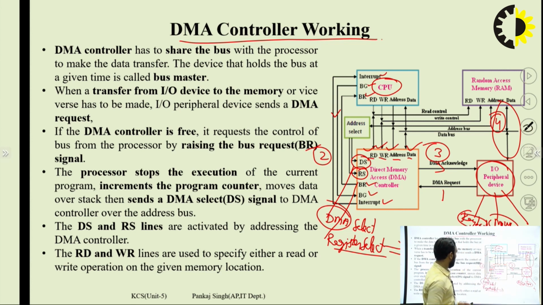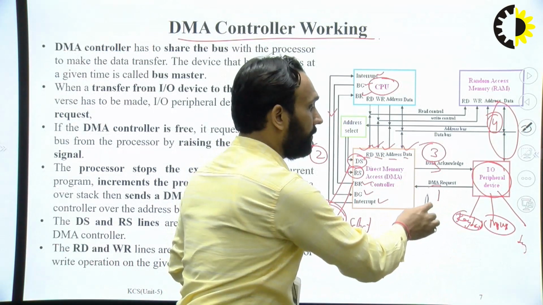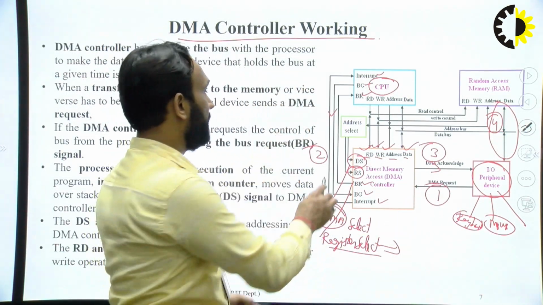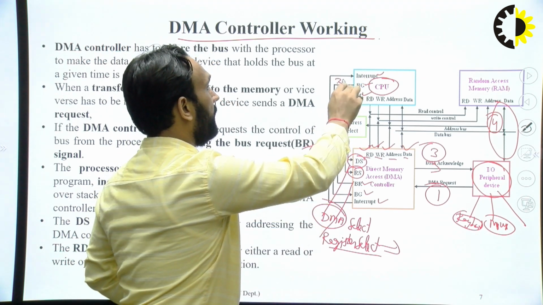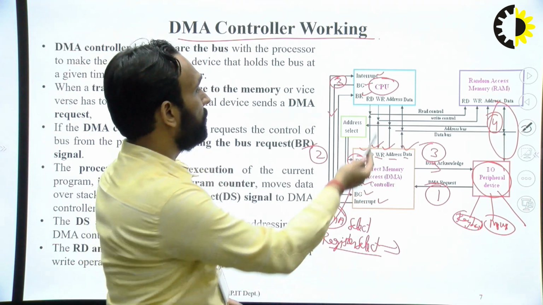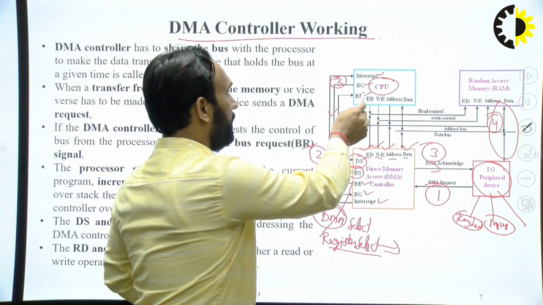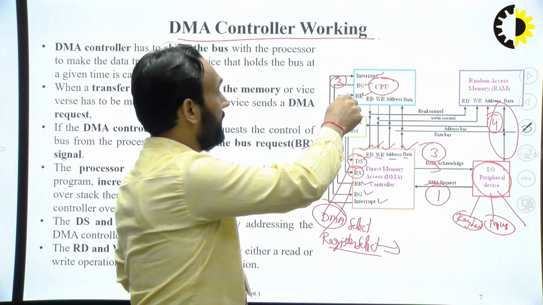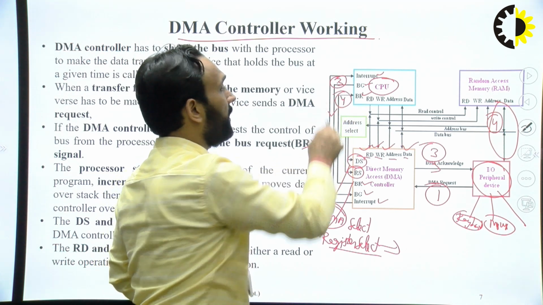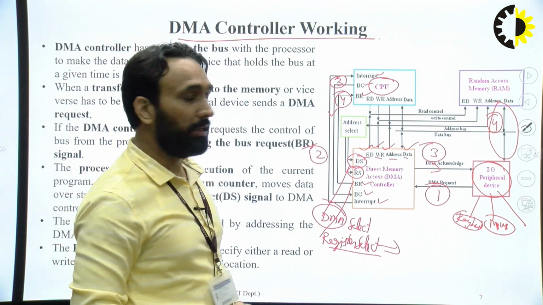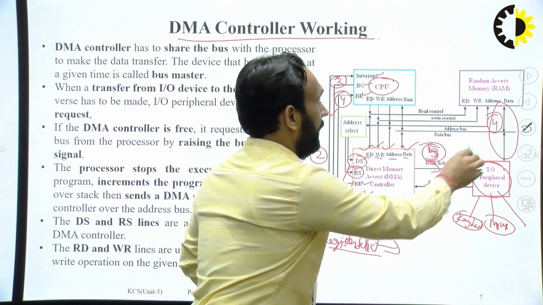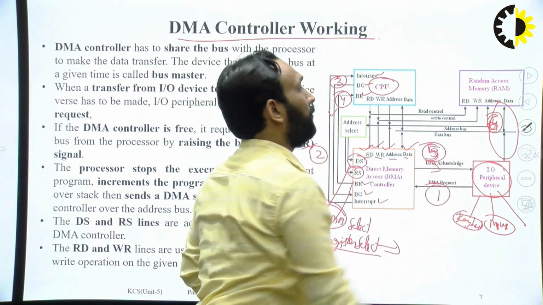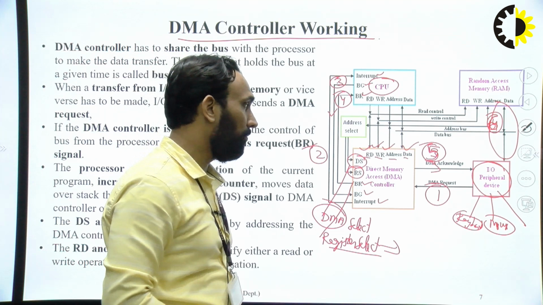Okay, so in brief, I will give an overview here. First, the IO devices send a DMA request, the machine gets the interrupt, and third, it sends the bus grant. Fourth, it disables the bus request signal so that no other device will access or request the bus. After that, the fifth and sixth steps are the sharing of data between memory and IO devices.